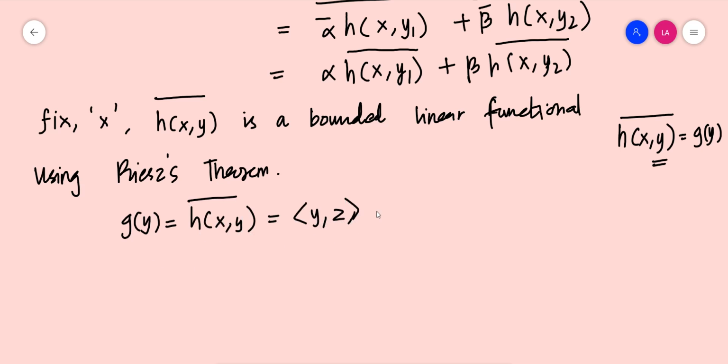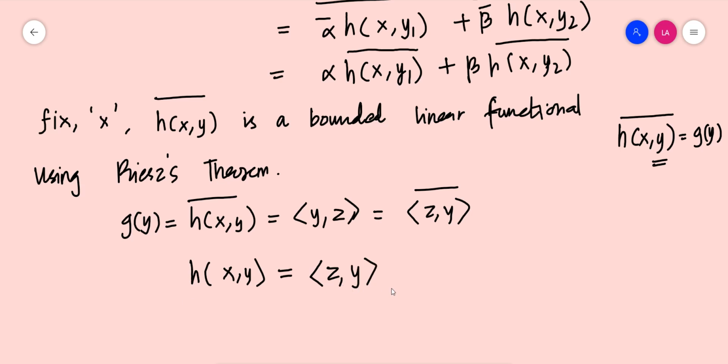Now this should be equal to the conjugate of inner product z, y. So taking the whole conjugate, we can write h of x,y as inner product z, y. So h of x,y is written in the form inner product z, y.